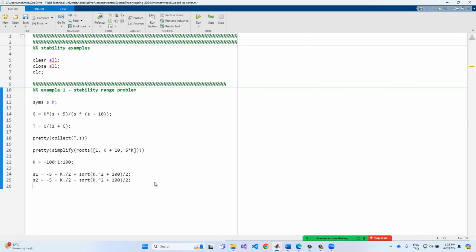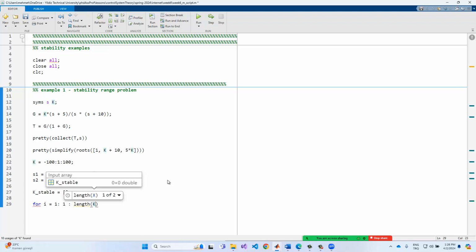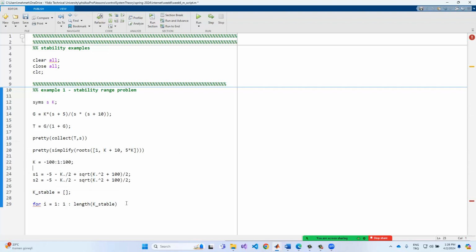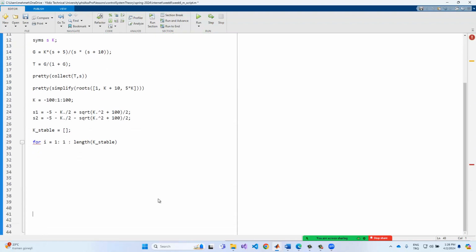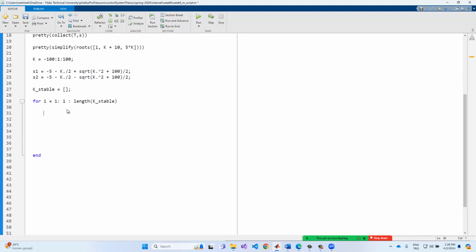Okay, and then what? K stable is an empty array in here, just like this one, for i is equal to 1 at the rate of 1 and length of the k. And so we have 200 values to be searched in this space. And then what?